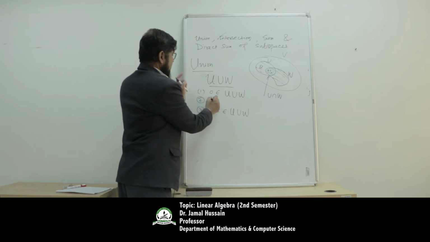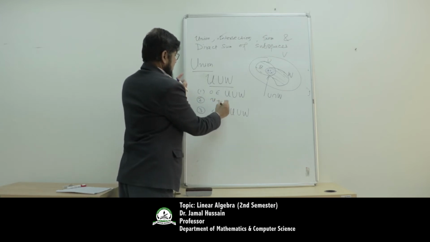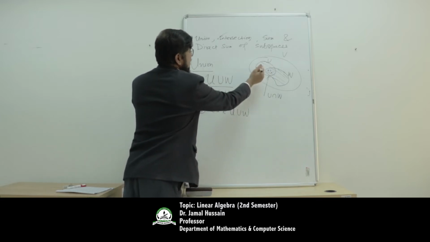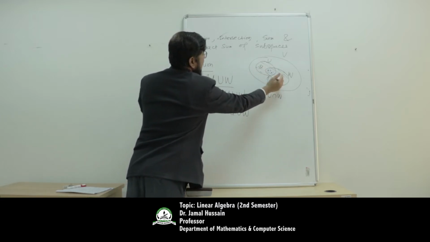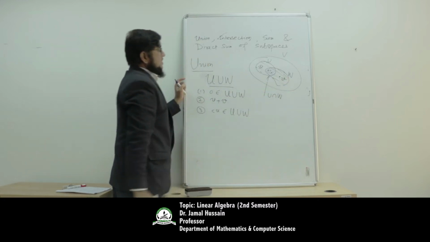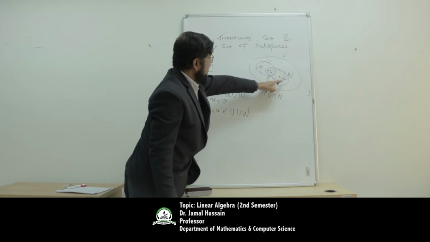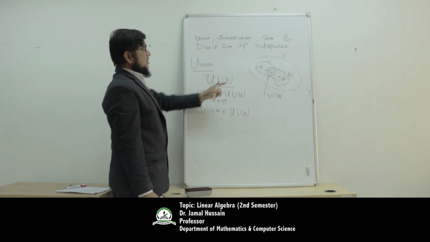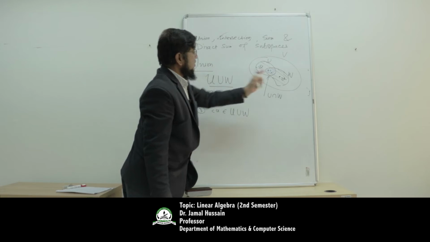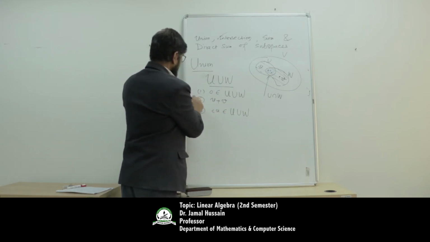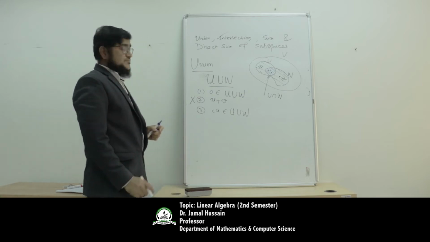Again, this U plus V will be in the union. But imagine if I take U here and V here, then there is no property which will guarantee that U plus V will belong to the union. So this number 2 property fails.